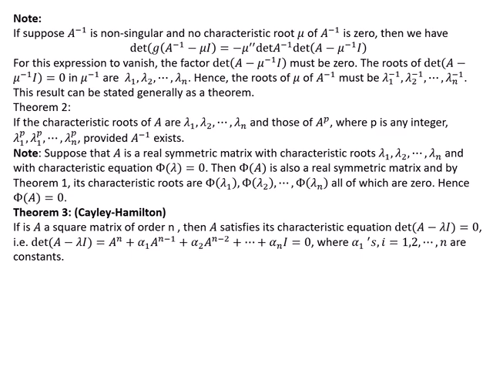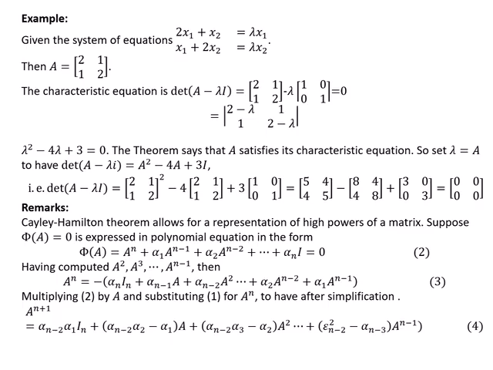Example: to establish the Cayley-Hamilton theorem, which says that the characteristic polynomial is equal to 0.